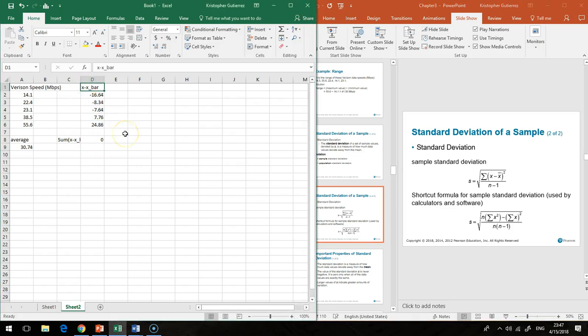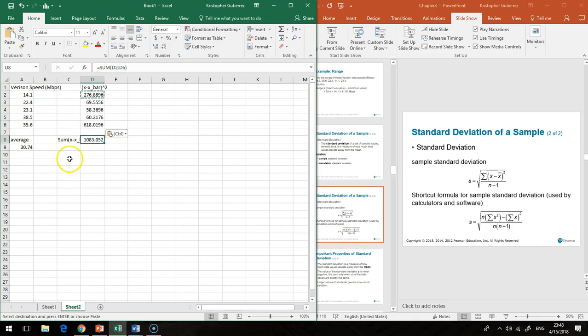Let me just change the label here. Each one of these will simply be equal to this minus this squared.